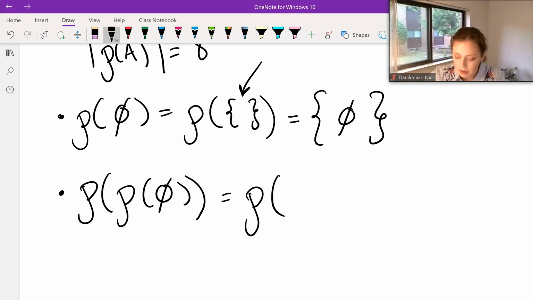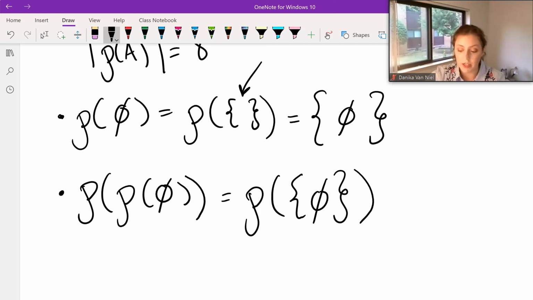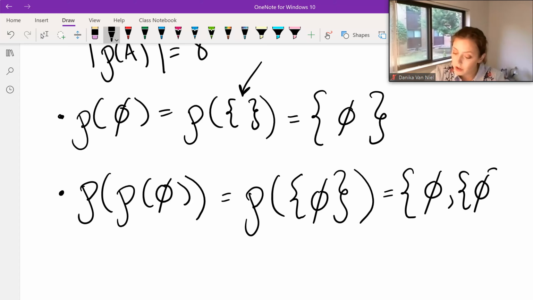Okay, so how about the power set of the power set of the empty set? This is the same as the power set of the set containing the empty set, because we just did that calculation above. So now I go through my same process, cardinality 0. Ooh, now I have something to do, cardinality of 1. And that's it. And you could keep going and going.